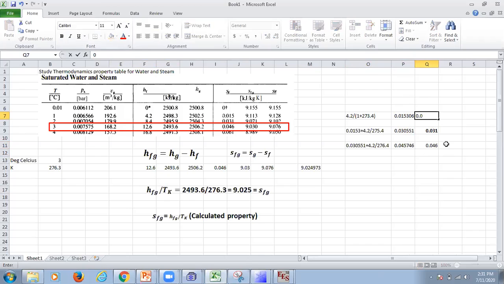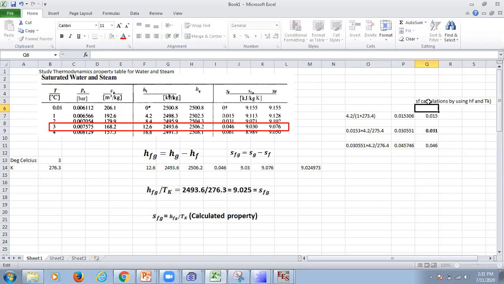Because you know, thermodynamics property table means you should know how these values are generated. So you know how to calculate SF. How do you calculate SF? Using HF values and temperature in Kelvin.